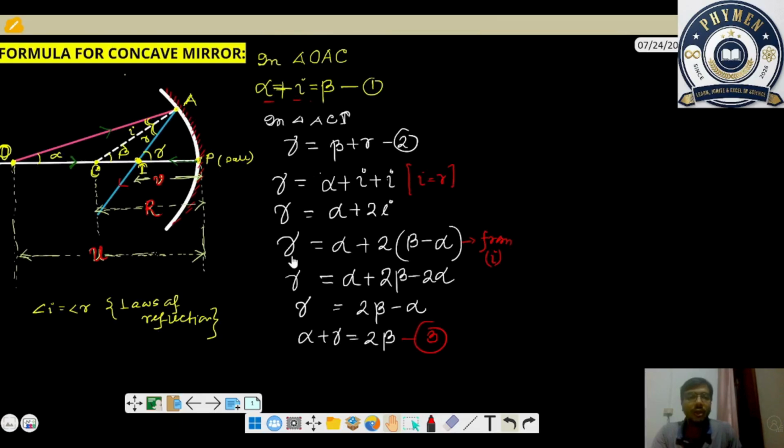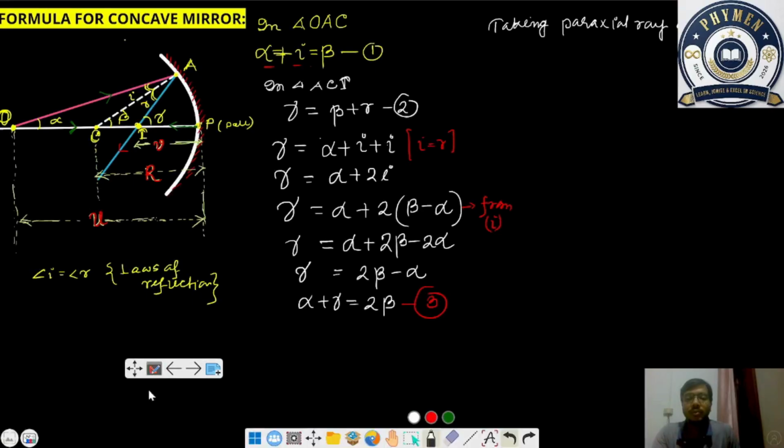If we take the Paraxial ray approximation, do you know what is the Paraxial ray approximation?